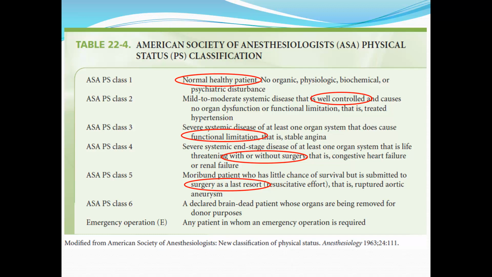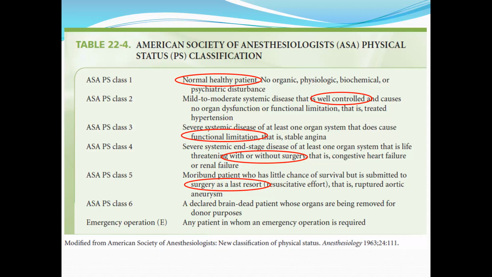This is like a ruptured AAA. So these patients, we often misclassify them into ASA 4 or 3E or 4E, and they should be ASA 5. And ASA 6 are the patients for organ donor. These are brain dead patients, and E stands for emergency, whenever there's an emergency case.